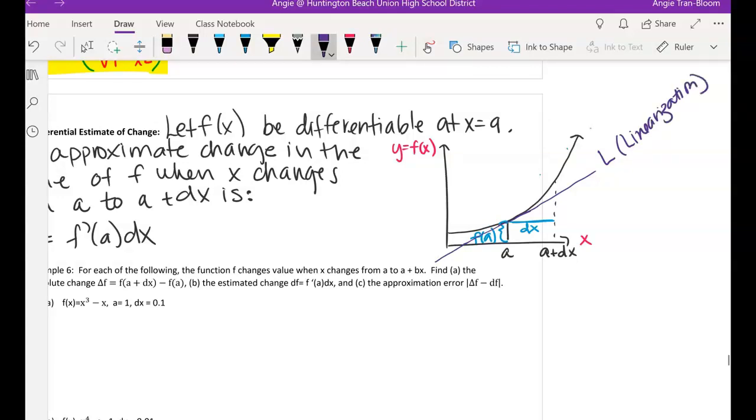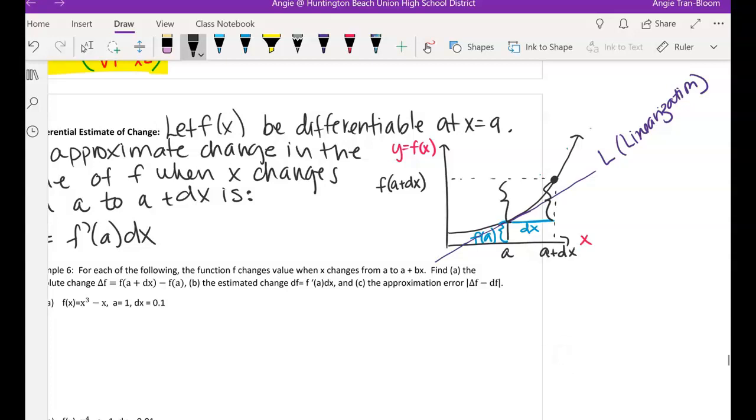Well, if you look at this, okay, so this is what it's saying. So we know dx is the change in x, okay? We picked a plus dx, which is this dot right here, all the way over here. Would you agree this is f of a plus dx? Okay, well, then what does that mean? That means this space right here, which is, by the way, the same as this space right here, is the change in y, right?